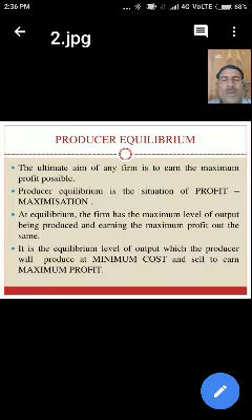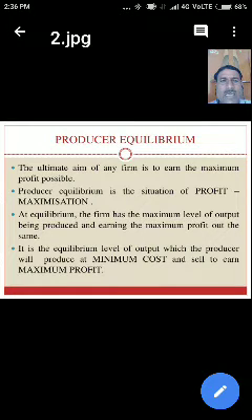Producer equilibrium is attained where profit is maximum and cost is minimized. The ultimate aim of any firm is to earn the maximum possible profit.